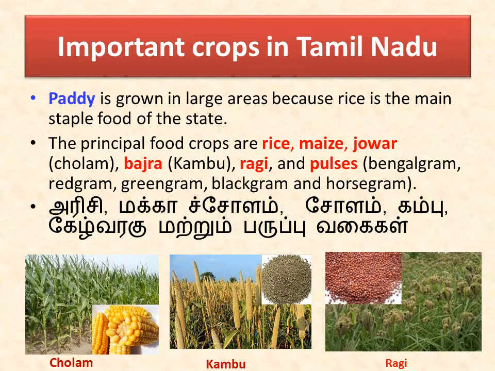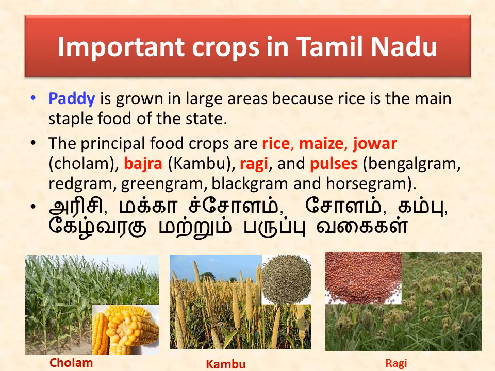We cannot even imagine a day without rice, isn't it children? Whether it is in the form of idlis or dosais or rice as such, Tamil Nadu cannot be without rice. So paddy is grown in large areas because our staple food is rice.